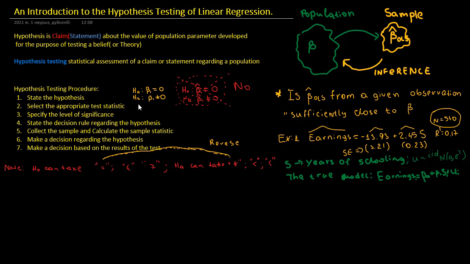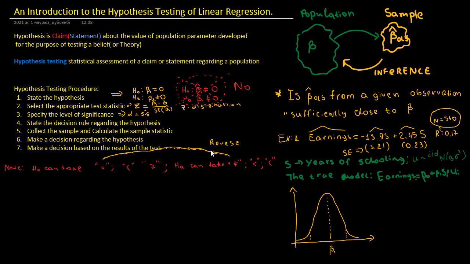The next step is to state the decision rule regarding the hypothesis. From my hypothesis, beta 1 is equal to 0, so we should know this is a two-tail test. This is the rejection area in green. Since this is a two-tail test, alpha should be divided by 2: 2.5% on the left side and 2.5% on the right side.